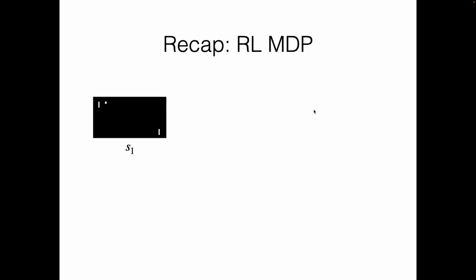Actually, there's an underlying state of the Atari system, and when you see this image, it's just called an observation because you're not looking at the configuration of the Atari game state. All your policy gets is this observation. But for simplicity, I'll still call it a state.